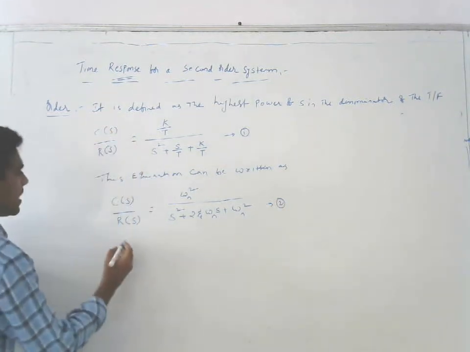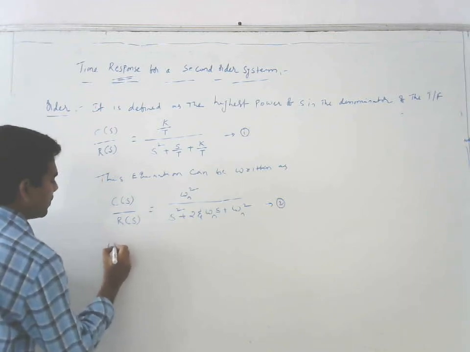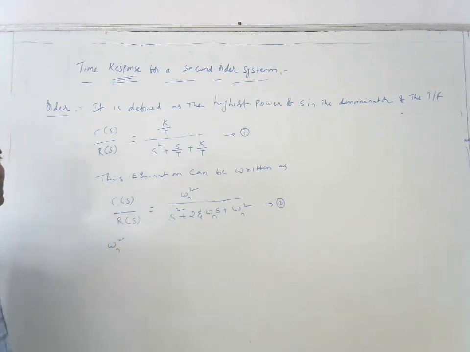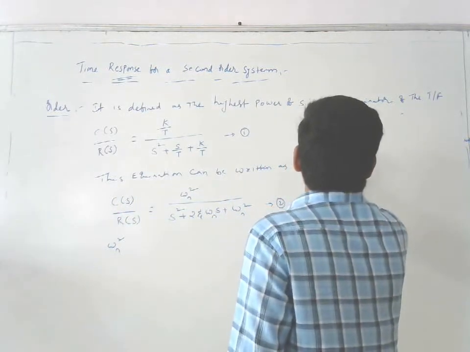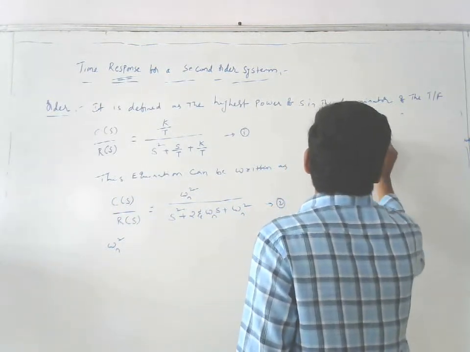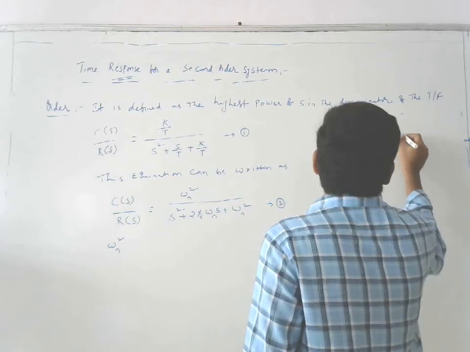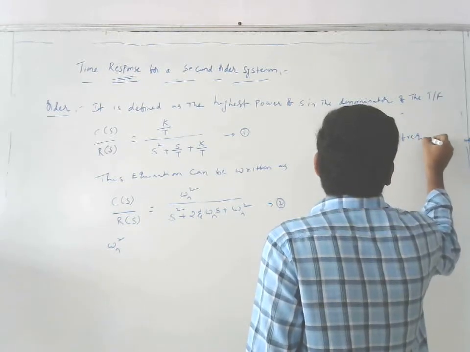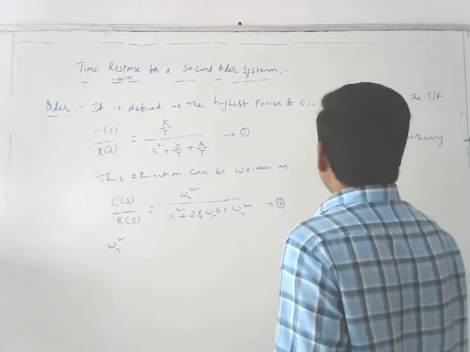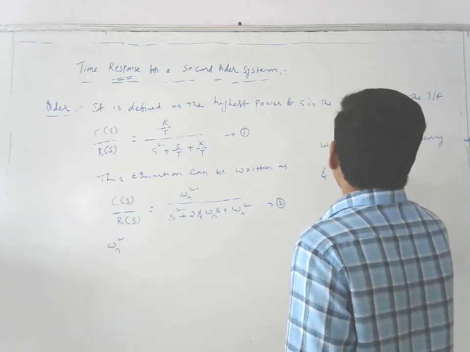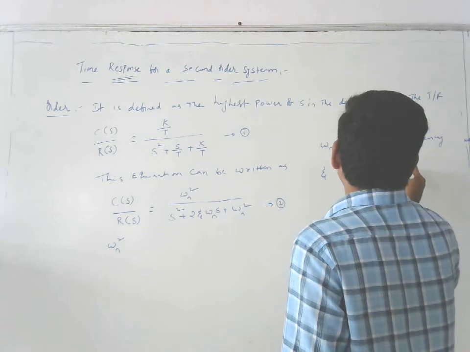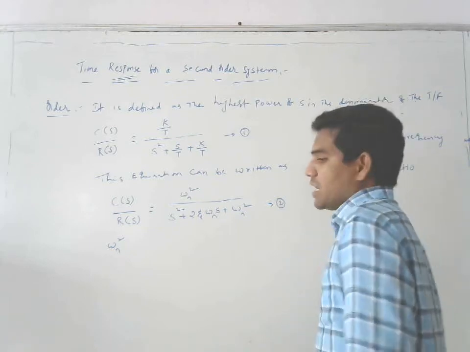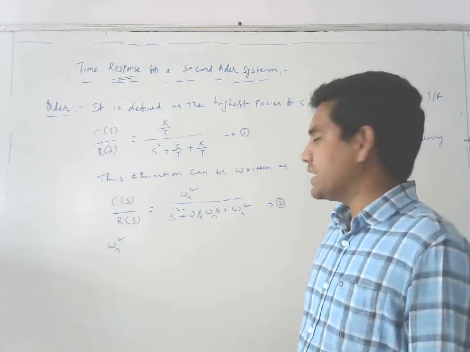From this we can compare: omega n we call the natural frequency, and zeta we call the damping ratio.